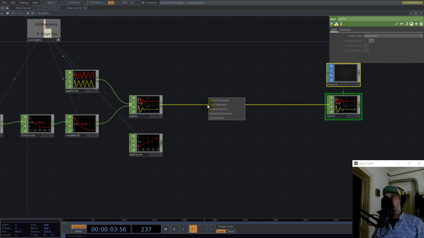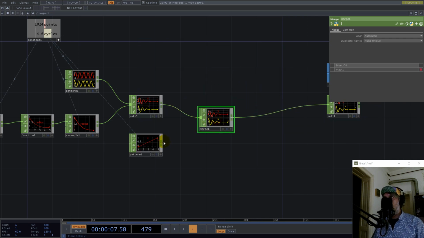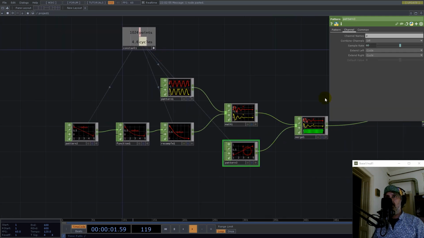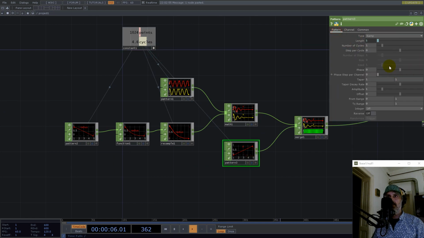So, okay, what happened now? Okay, and this pattern, let's see this one a little bit. So the length should be this one.